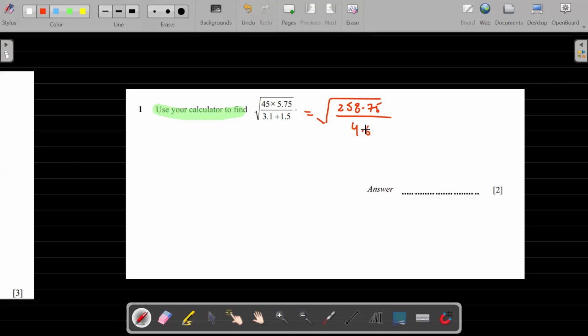Then you will be dividing them, 258.75 divided by 4.6, and you will be getting your answer as 56.25. Then you will be taking square root for that, and it will be 7.5. You have to mention few steps to get 2 marks.